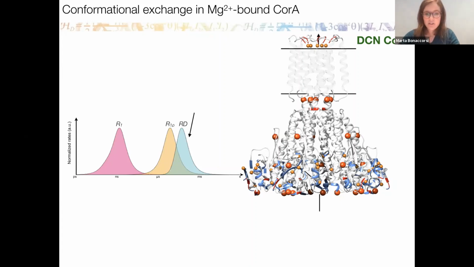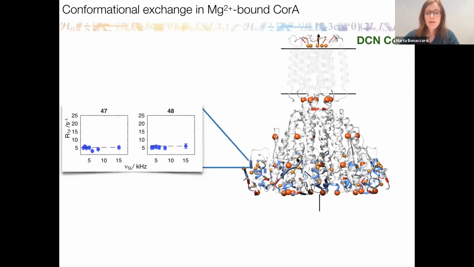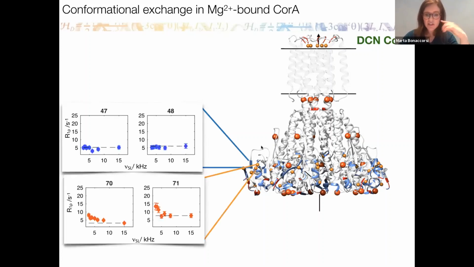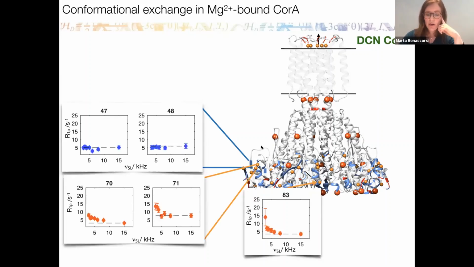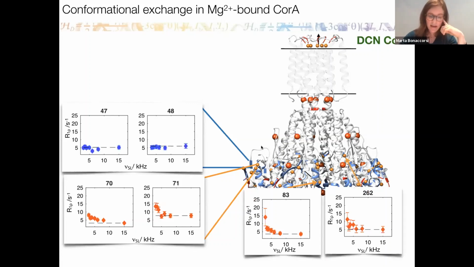So we acquired relaxation dispersion experiments on deuterated core A, and we could observe that while for a number of residues, here shown in blue, we have a flat profile, indicating the absence of exchange, for a larger number of residues located in both structured and unstructured parts of the protein, we have a relaxation dispersion profile, indicating the presence of such exchange.